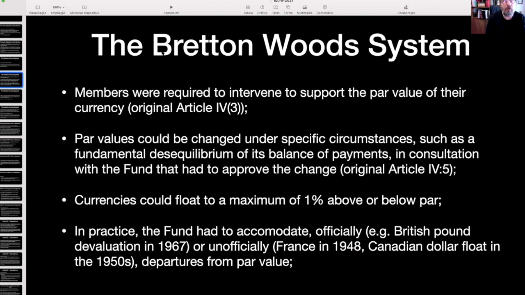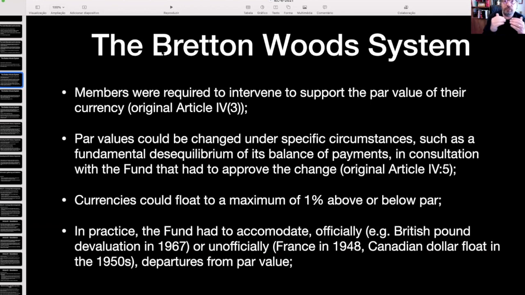Now, obviously there are changes to the value of currencies. If a country has high inflation and the US has low inflation, then your currency is going to devalue vis-a-vis the dollar. That is to say, a year from now, because of inflation, your currency is not worth as many dollars as it was at the beginning of the year.